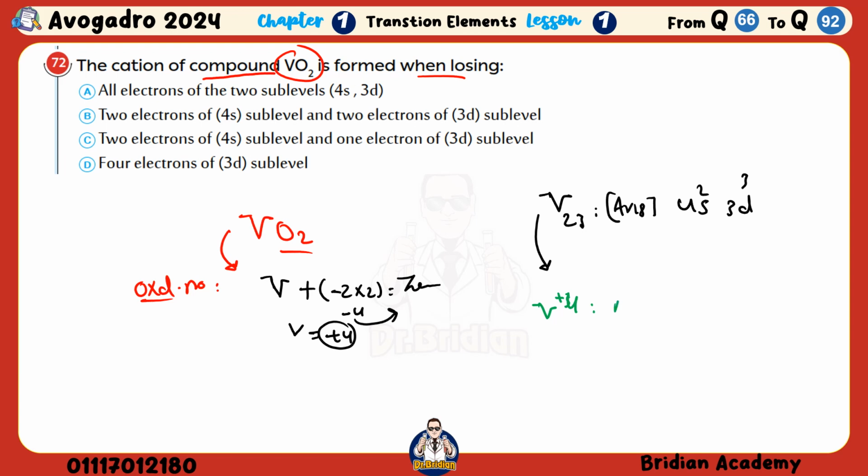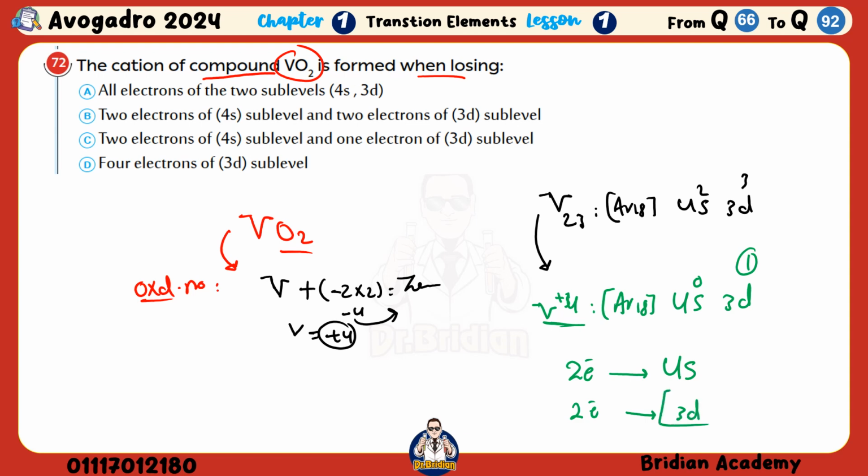It will be argon 18, 4s0, and 3d will lose 2 electrons, so it will be 3d1. In vanadium positive 4, you lose 2 electrons from the 4s sublevel and 2 electrons from the 3d sublevel.